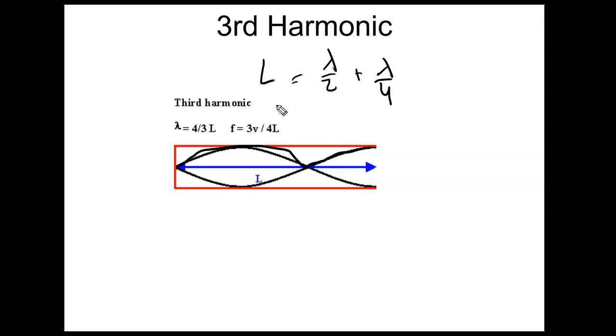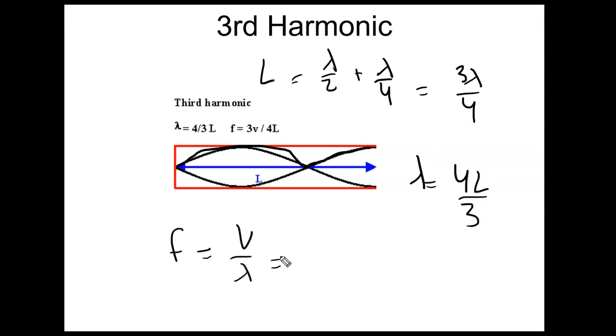So L is now equal to 3 lambda over 4. It's 3/4 of a wavelength. Now if you rearrange this and solve for lambda, you get 4L over 3. You plug into the wave equation like we've been doing, and you get v, with a 3 on top and a 4L on the bottom.